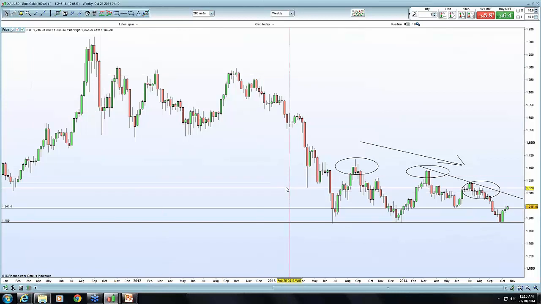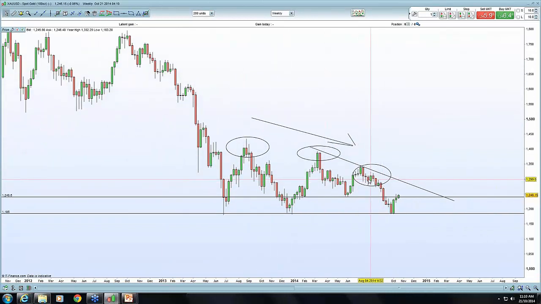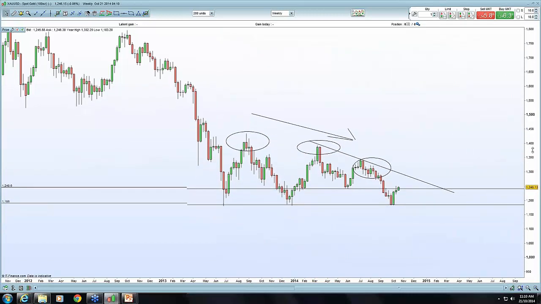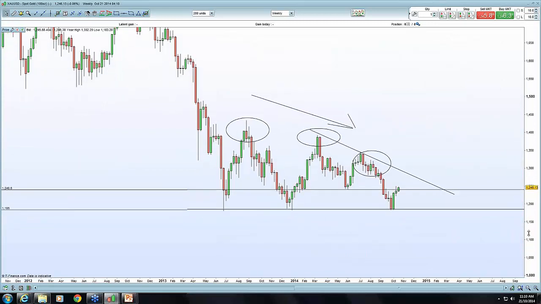Remember, this is a gold weekly chart, and it has made a series of lower highs for the past 1.5 years, which tells me that gold is a bit bearish. But if you look at the overview, it is consolidating in some kind of wedge pattern. What it has done recently is that it has bounced off the key support of 1180.